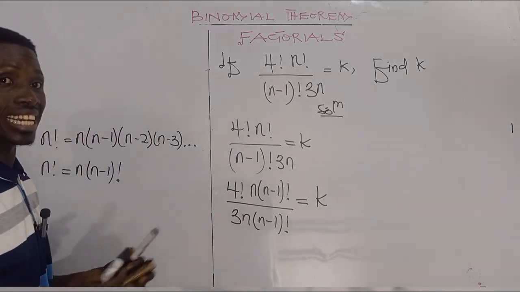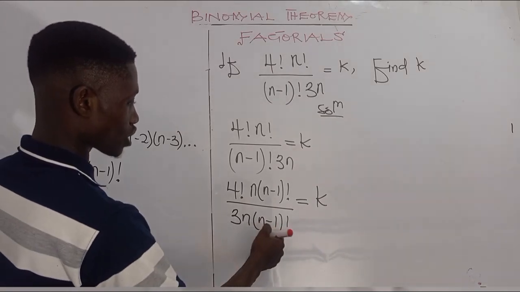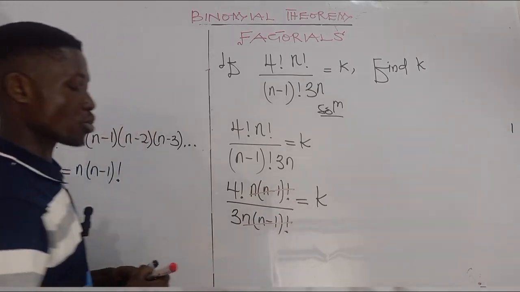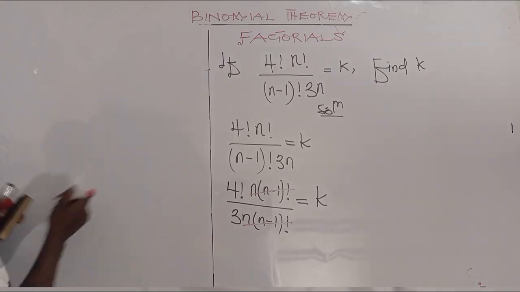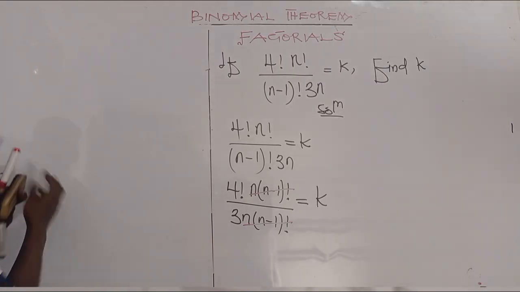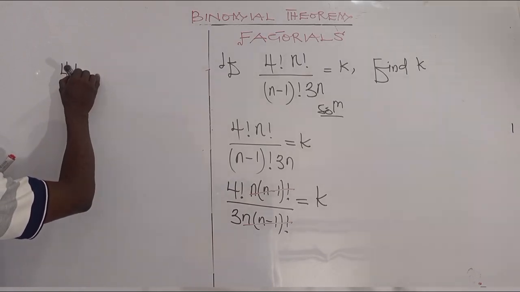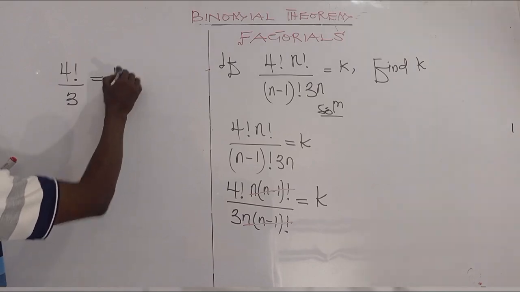From this, you can see clearly that (n minus 1) factorial cancels (n minus 1) factorial. So at the end, we are left with 4 factorial all over 3, which is equal to k.